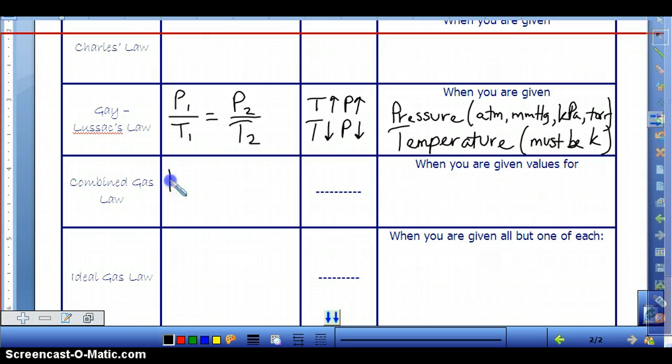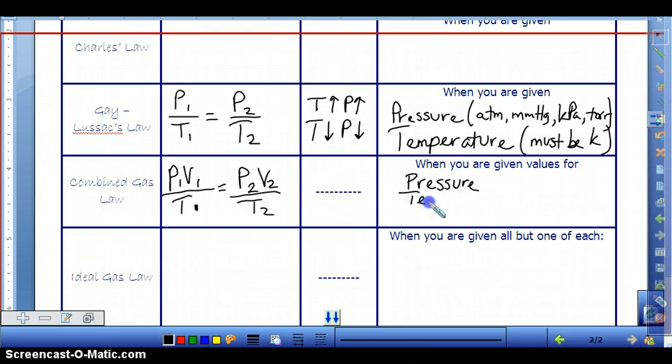So you'll have P1 V1 over T1 equals P2 V2 over T2. We've already written the relationship, so we're going to skip that part. Here you would need to be given pressure, temperature, and volume, and all three of these variables change in the same problem. I'm not going to rewrite the units again because we've done that above.